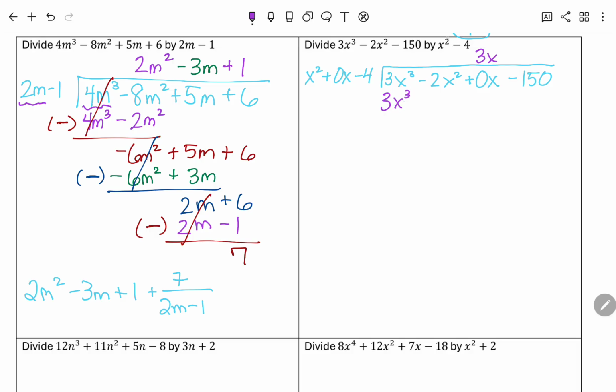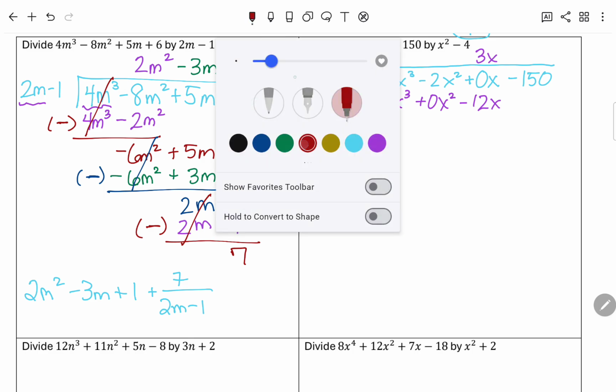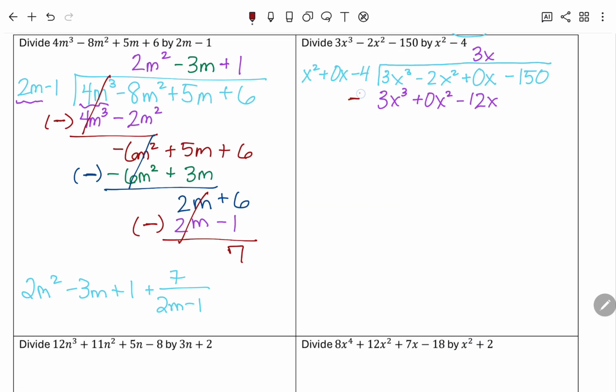Don't forget I have to do that 3x times 0x, which is going to give me 0x squared. And 3x times negative 4 is going to give me negative 12x. Everything's lining up. Okay, this subtraction, 3 minus 3, negative 2 minus 0, 0 minus a negative 12, and bring down.